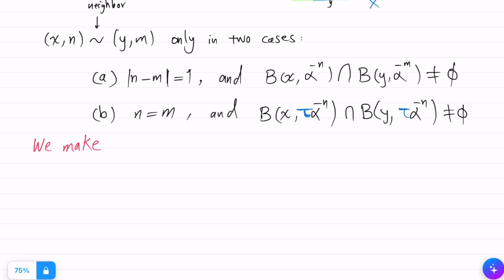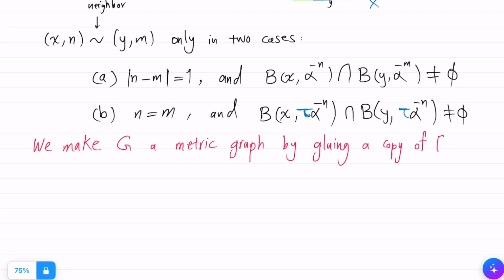So we make G a metric graph. We turn it into a metric space by gluing a copy, an isometric copy of [0, 1] segment to each edge.